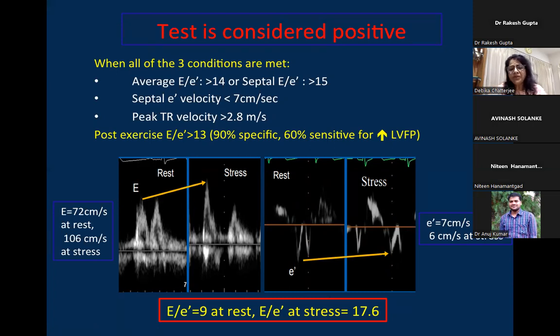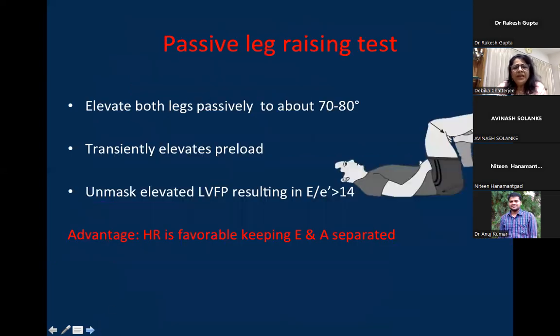So these we are getting by asking the patient to walk on the treadmill, and we are getting the diastolic parameters before and after exercise and comparing them. A similar finding can be obtained at rest, without asking the patient to walk on the belt. You just passively raise the legs of the patient.